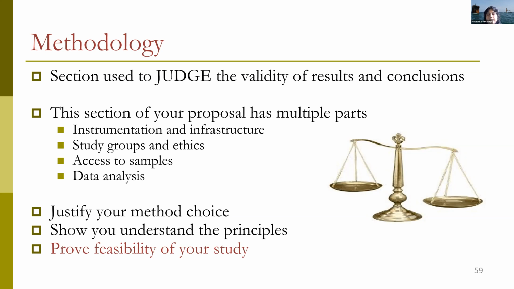So these things you need to mention. And then access to samples: where, how you are going to collect the samples, from where, and how many controls, how many replicates, and many more. Those things you need to state.